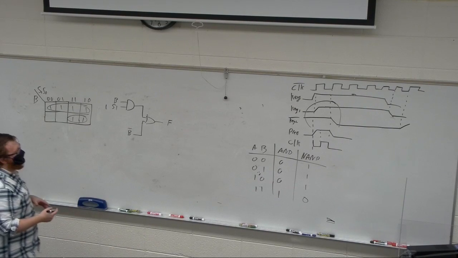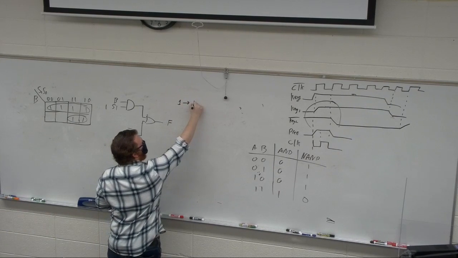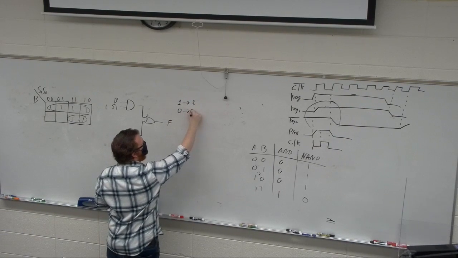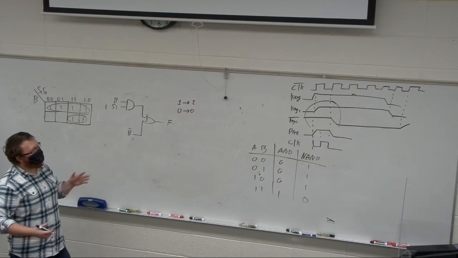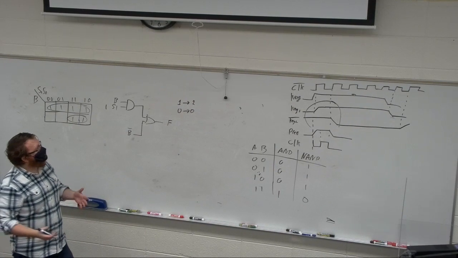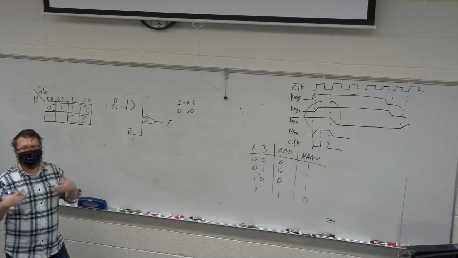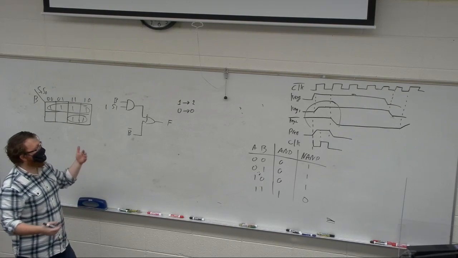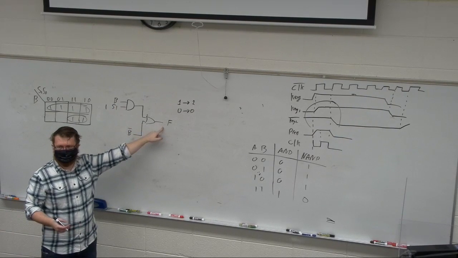The general idea is that when I'm going from 1 to 1 or 0 to 0, I may have a problem if there are 2 different paths, if there are delays, right? In order to test B, to see if B has an issue, I need to sensitize the path, which means making it so that just changing B can affect the output.